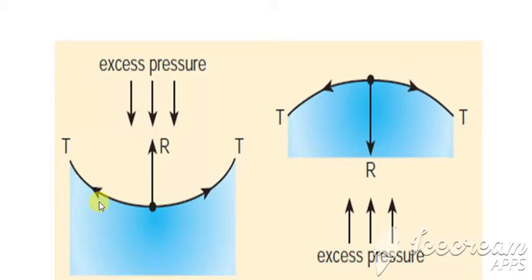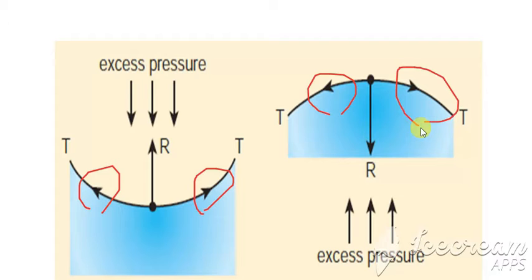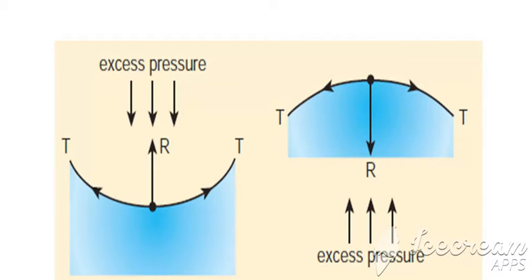This is a surface, and this is a tension which is acting in both the directions. Same way here, this is a tension. If this is the tension, this will be the resultant, and so the excess pressure is in the opposite direction. Here this is the tension, this will be the resultant, and the excess pressure will be in the downward direction.